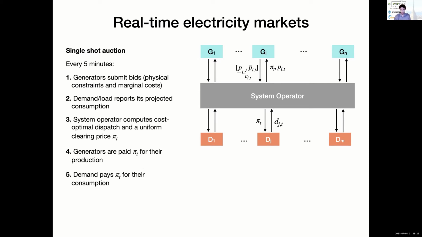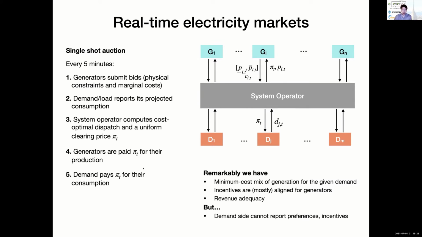That was relatively straightforward. Under this auction design, we have a few properties. First is that we're guaranteed the minimum cost mix of generation to meet given demand. You have incentive alignment for generators, more or less. That is, they're incentivized to produce the amount that the system operator specifies. And importantly, this dispatch and price combination are revenue adequate for the system operator, in that the demand pays at least as much as is paid out to generators.